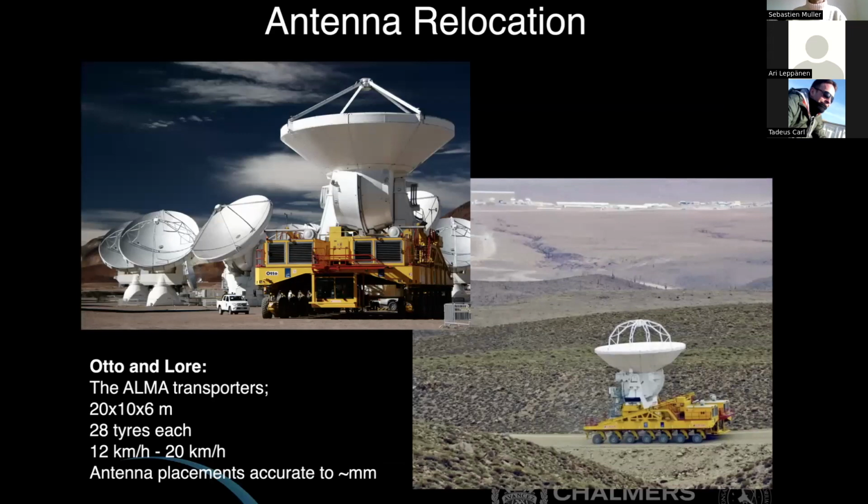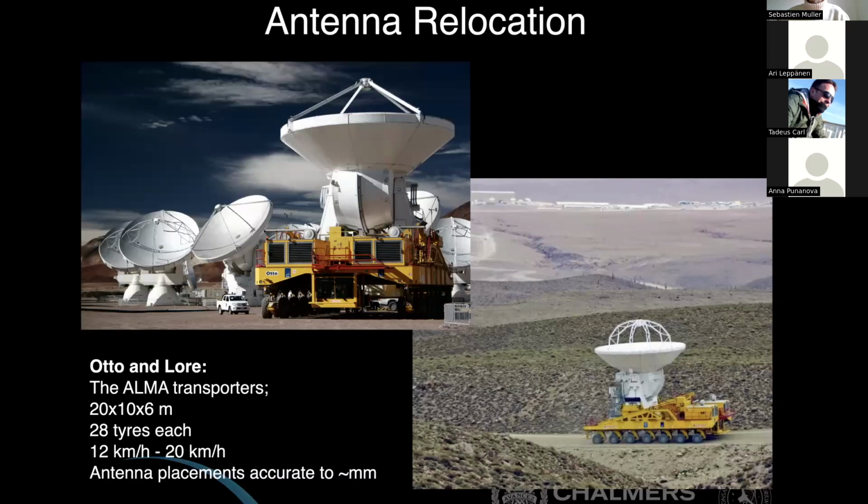And those antennas, as Sebastian already mentioned, in order to cover different parts of the Fourier space, have to be moved and separated in order to get different configurations. The antennas are moved by either of two transporters that carry the antennas from one pad to another, and you can see them there.